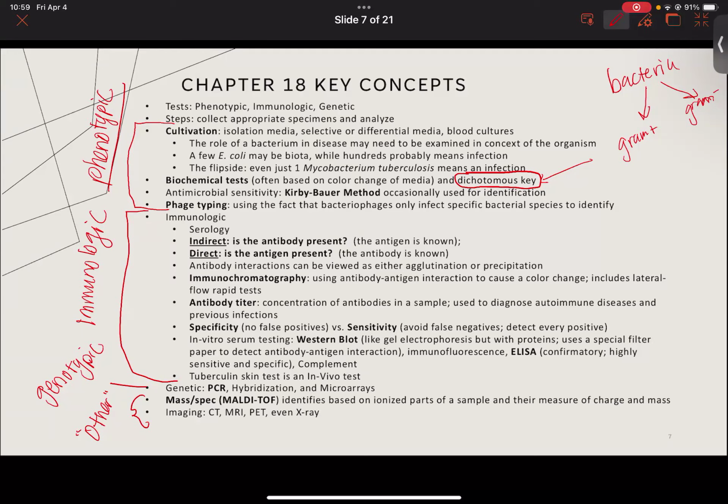What am I trying to get at here? This is our bottom one, tuberculin skin test. This is an in vivo test. In vivo. Vivo refers to living tissue. Vitro refers to a test tube.